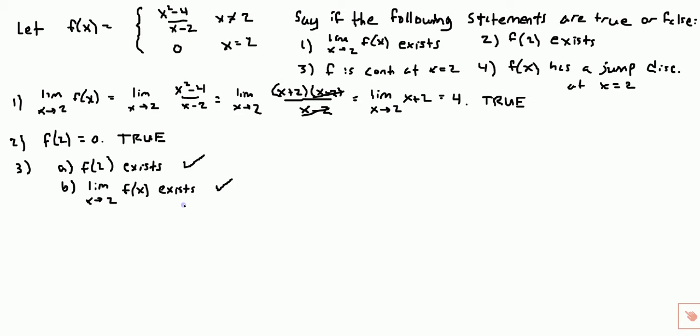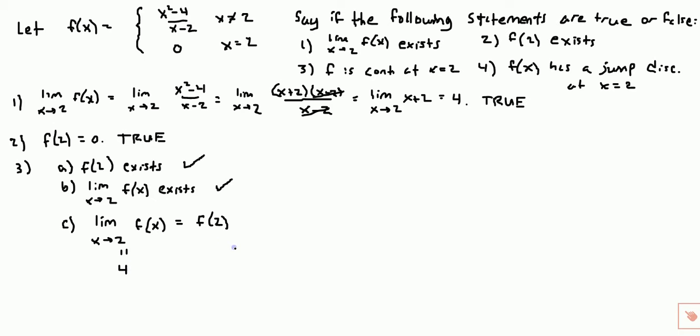What's the last part of the definition of continuity? Well, the limit as x approaches 2 of f of x is equal to f of 2. What you approach from either side of 2 has to equal f of 2. Well, in the first part of our problem, we showed that this limit is equal to 4.